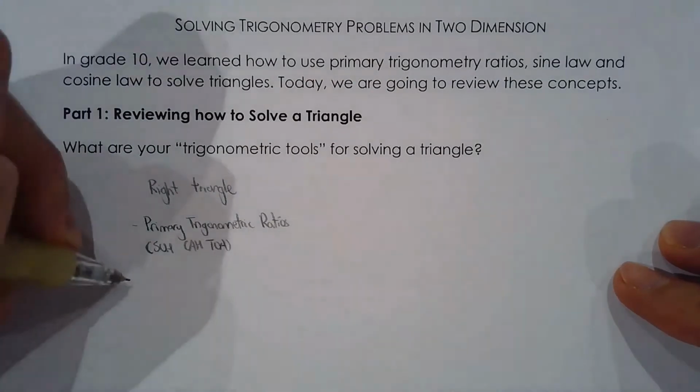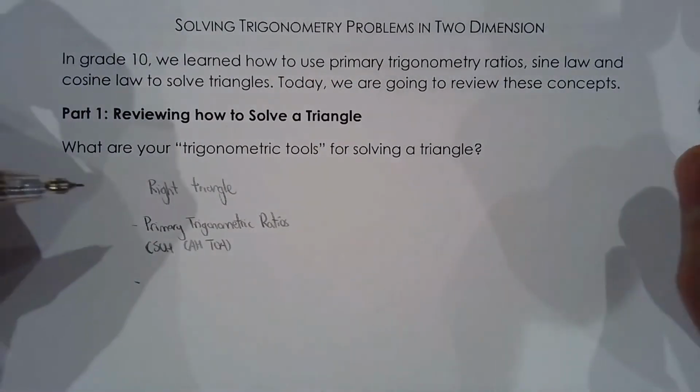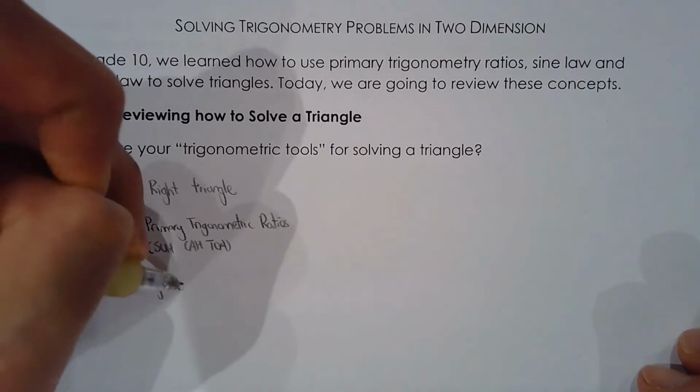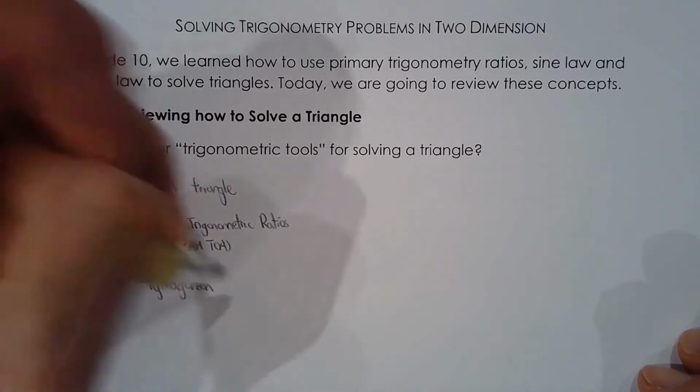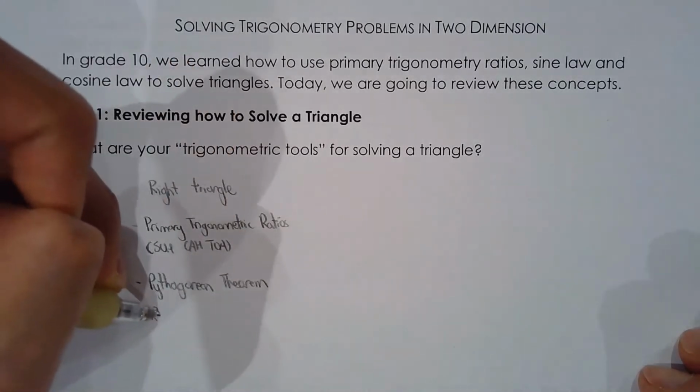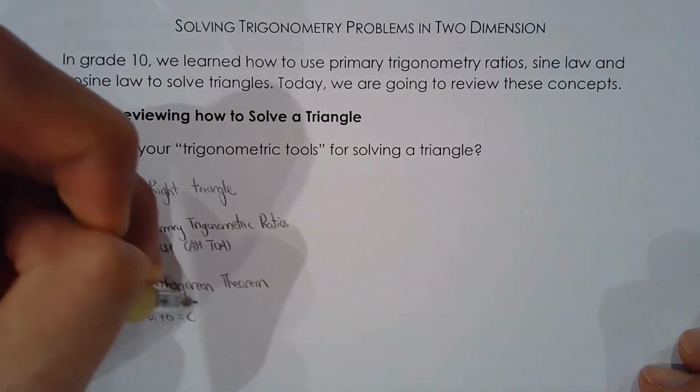Another tool that you have when you are presented a right triangle is the Pythagorean theorem. So that's a squared plus b squared equals c squared.